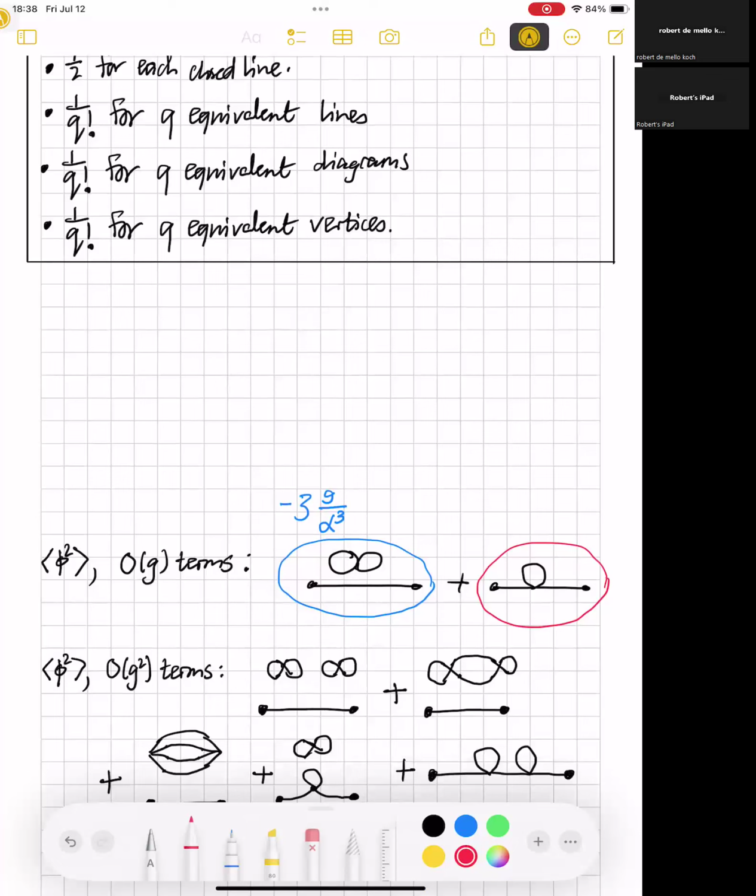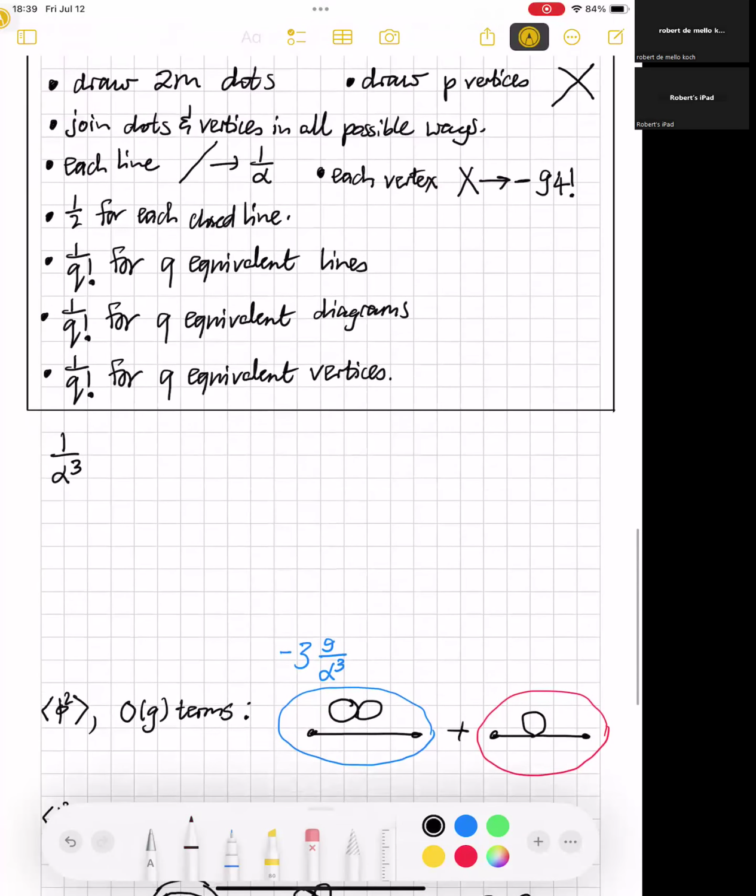First of all, how many lines? Well, there's 1, 2, 3 lines in this diagram, so we're going to get a 1 over alpha cubed. How many vertices? Well, there's a single vertex, so we're going to get a minus g times 24.